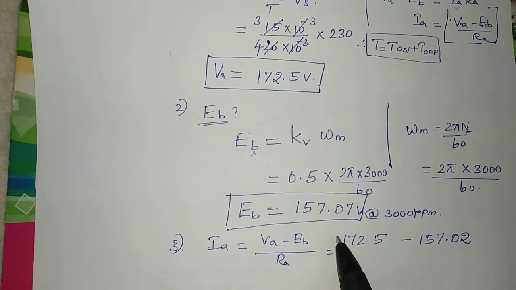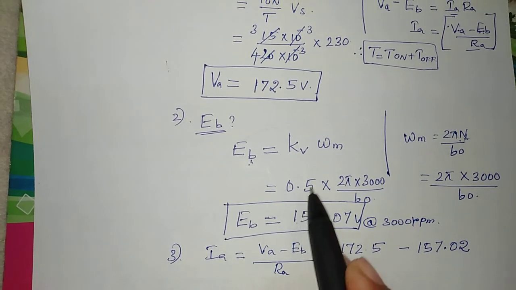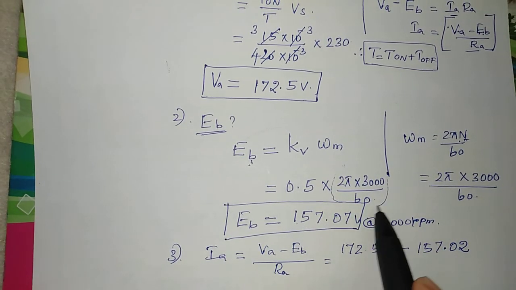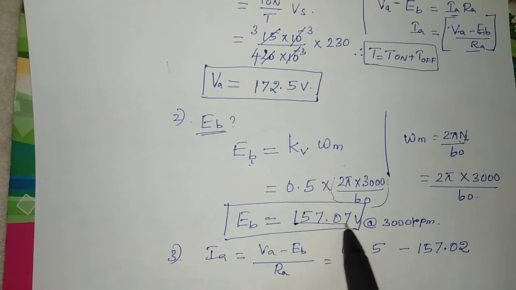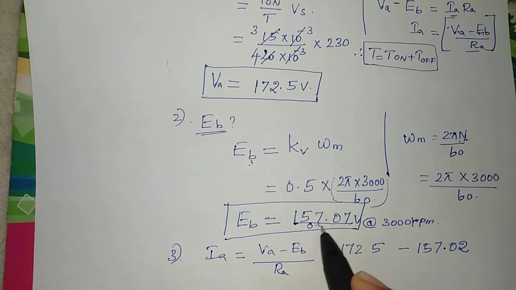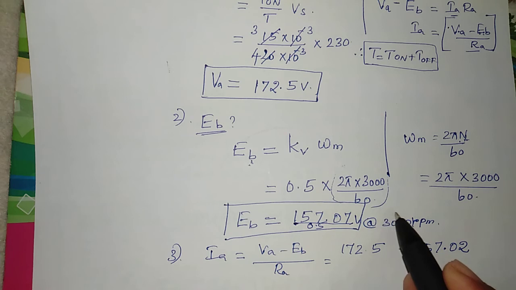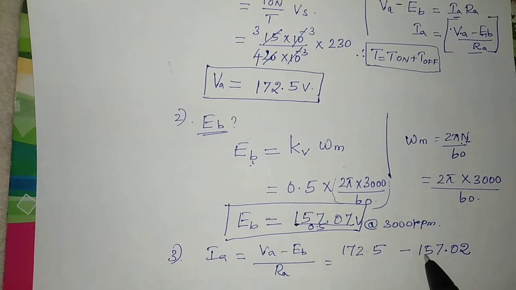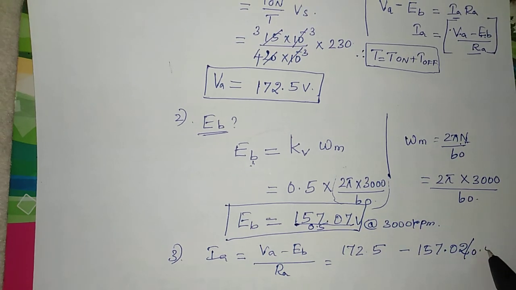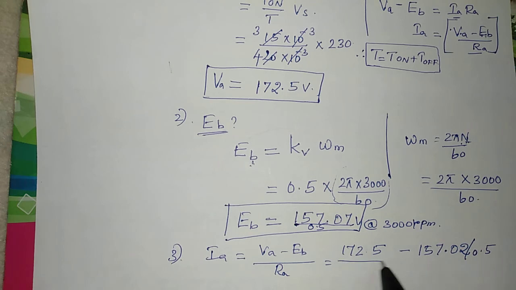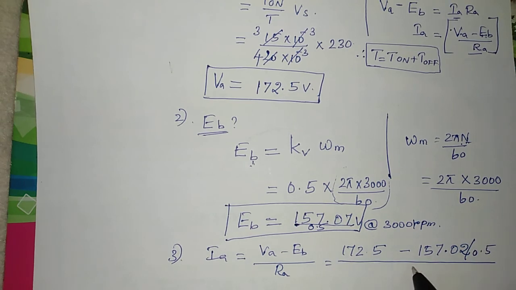Here I made one mistake: this term's answer is 157, so here 0.5, that is the answer divided by 0.5, whole divided by Ra value as 4.